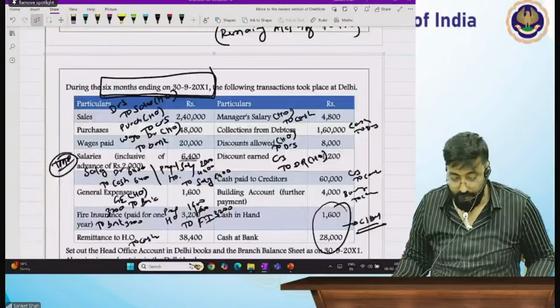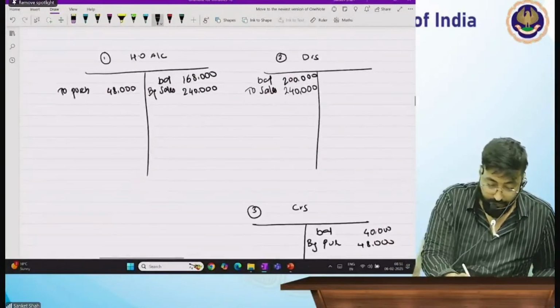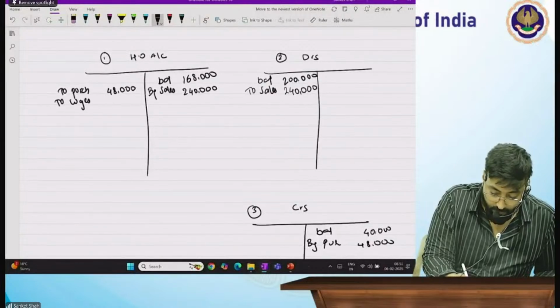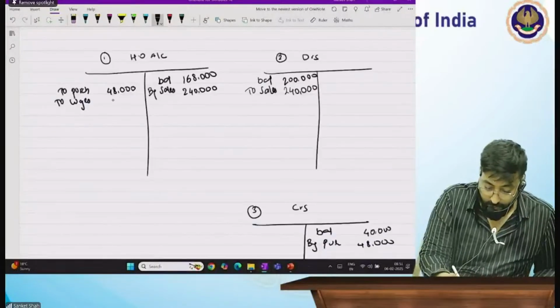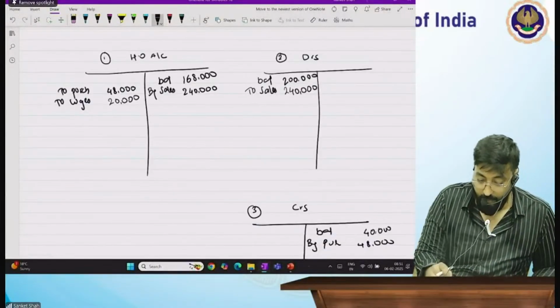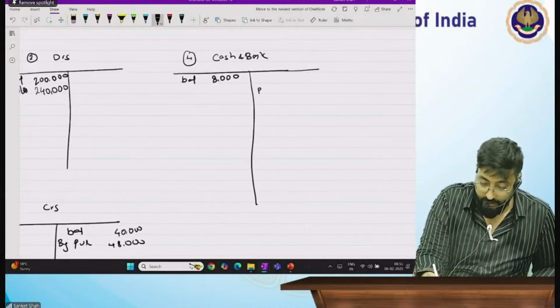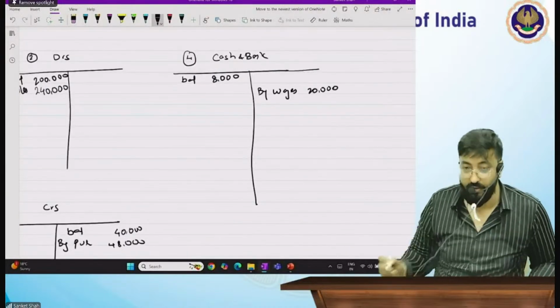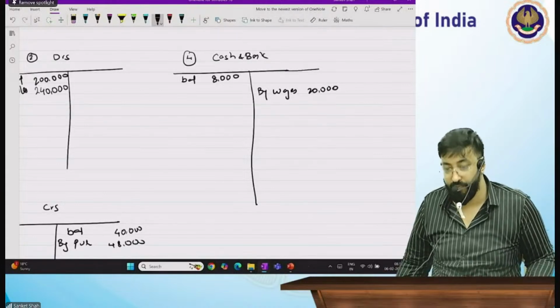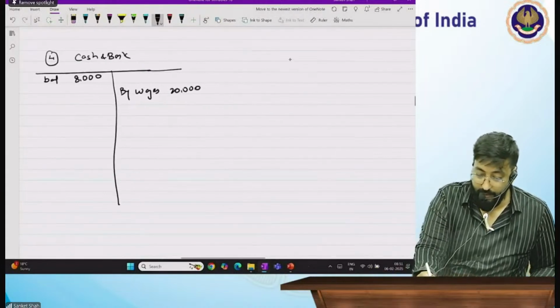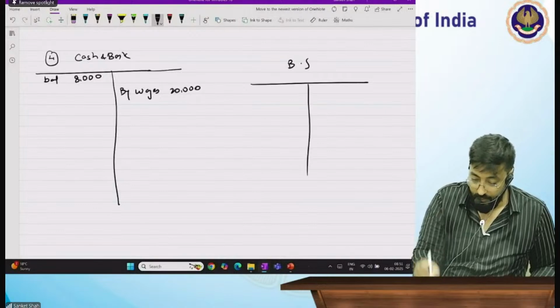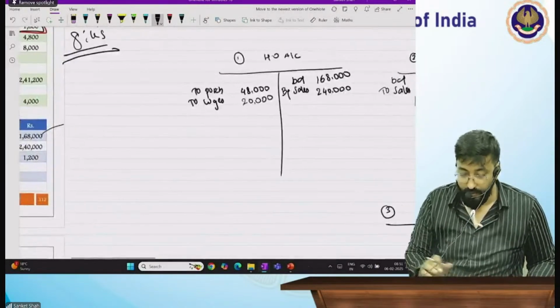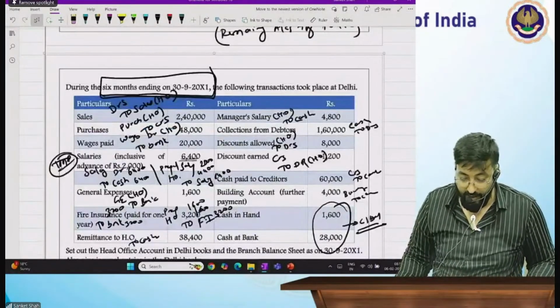Next, wages paid. Sir, to wages 20,000, and cash account credit side, by wages 20,000. Understood how to do posting? Yes, sir. And we will prepare the balance sheet also. Now, salary.